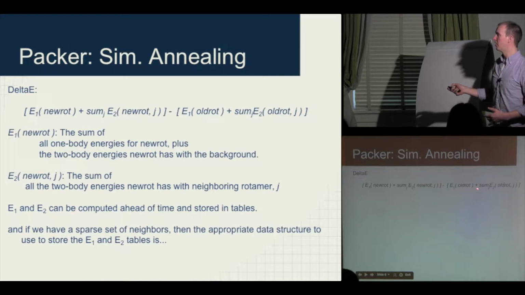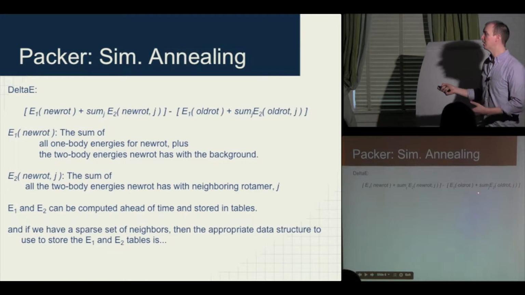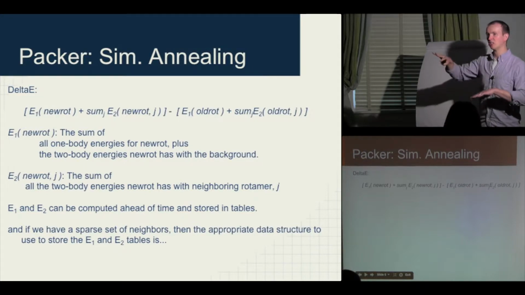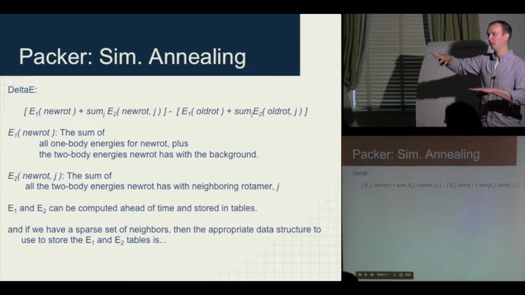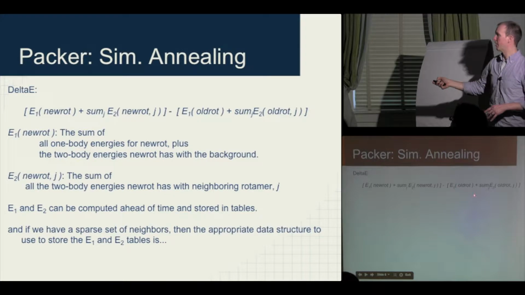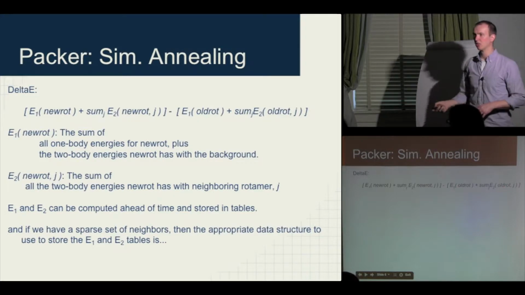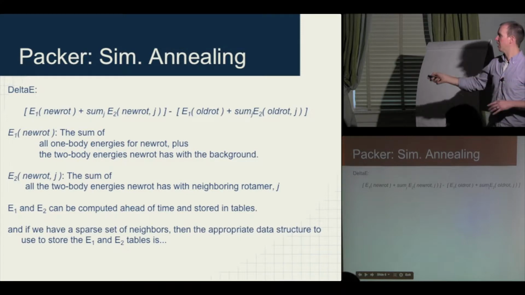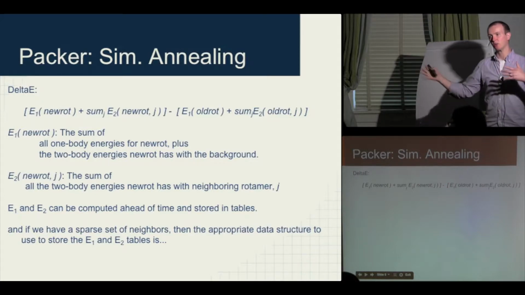So the total energy for the system when you have the old rotamer is the sum of the interaction energies of all of the background, all the rest of the structure with itself, and then the one-body energies of the old rotamer and the two-body energies of the old rotamers. The total energy would be some term I'm not describing here, minus a term that I'm not describing here, and then it just falls out.